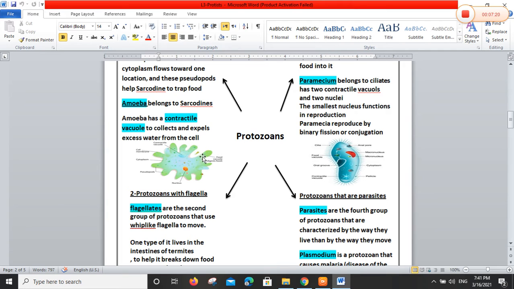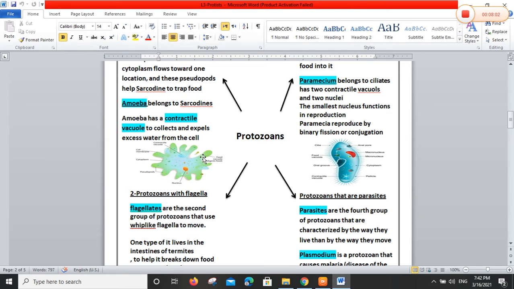When cytoplasm flows toward one location, look, it makes these false feet. These false feet are called pseudopods. The sarcodines use these false feet to move and get food. These false feet are formed from cytoplasm that flows toward one location.